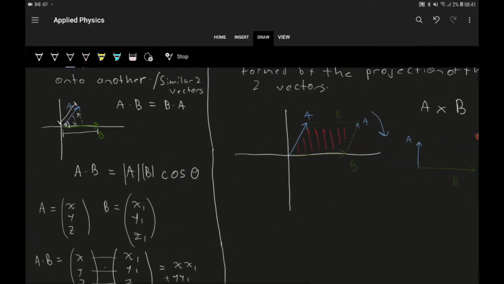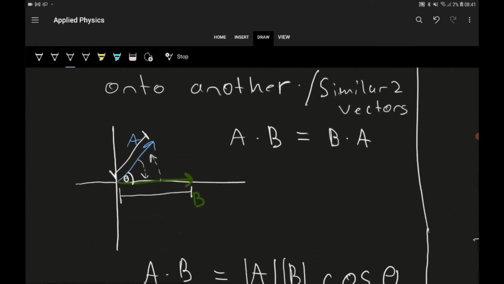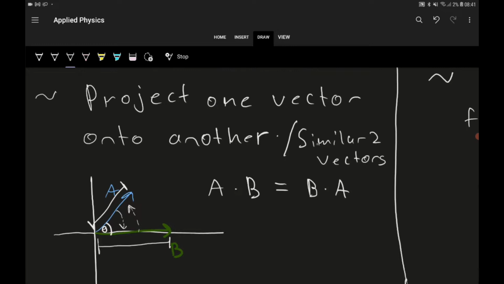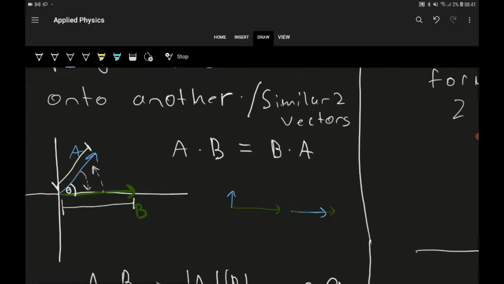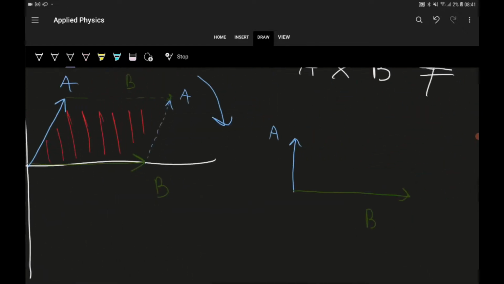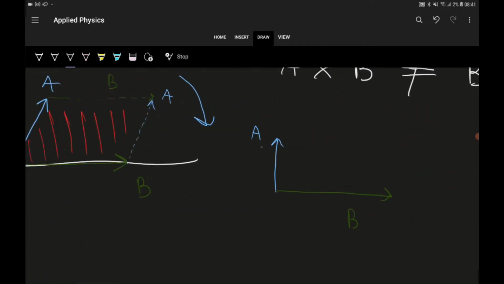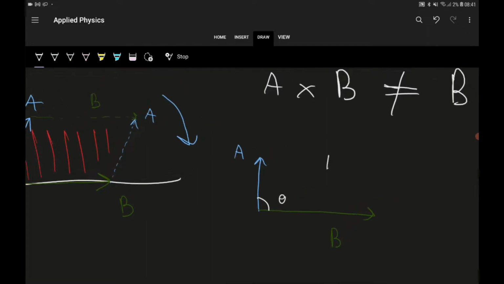So in our dot product case, they would actually be 0 if they were perpendicular, and maximum when they were parallel. A dot B, I mean. But here is the opposite case. When the two vectors are perpendicular, that's when A cross B is maximum.